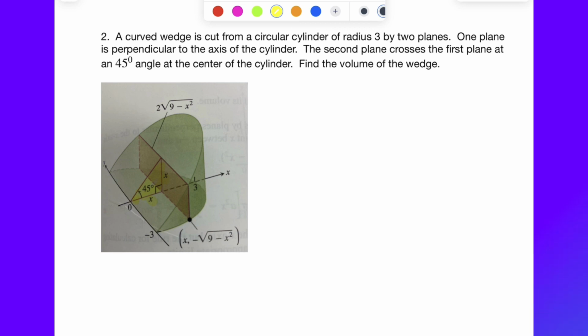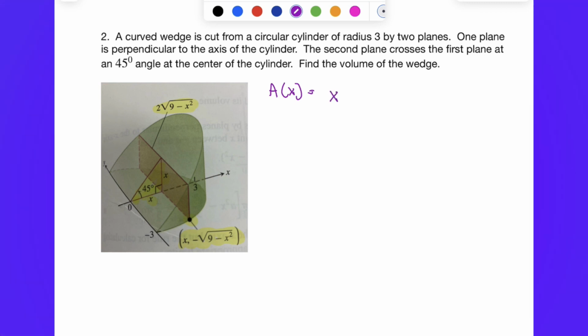So using right triangle trig, I can figure out that one half of that rectangle is the square root of 9 minus x squared. And then I just simply double that for the two sides. So I get the length of one of those sides of the rectangle, and I got that point on the axis. So now I can figure out the area of my cross section, which is that red rectangle.